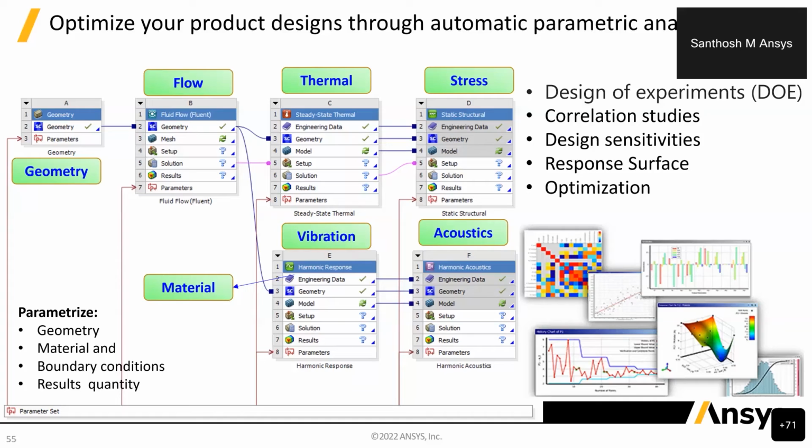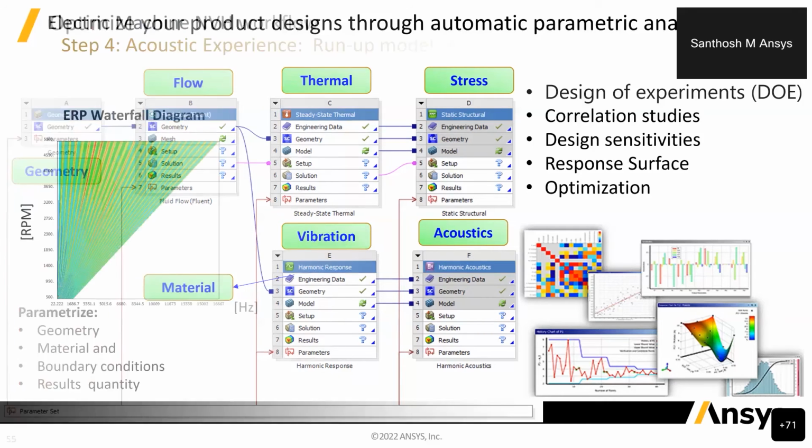Here, to optimize this design space or to do any design of experiments, design sensitivity studies, it is possible to parameterize any of the parameters across this physics, starting from geometry, material, boundary conditions used in fluid flow or thermal or for the vibration. And with a single mouse click, it will update all the analyses and give you a sensitivity accounting all different physics together, right?